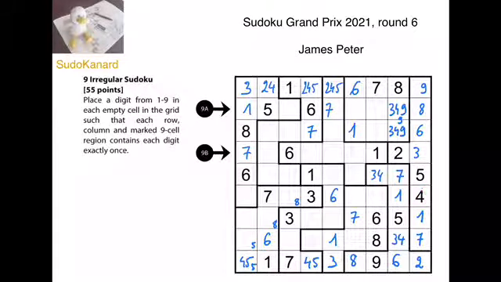There's a 4 here, so this one is 2 or 9. And something interesting here is that this cell sees all those cells, so this digit can only be here. So 8 is not here. 8 is in this square, and we get a 2 or 9, which is a clone of this one.